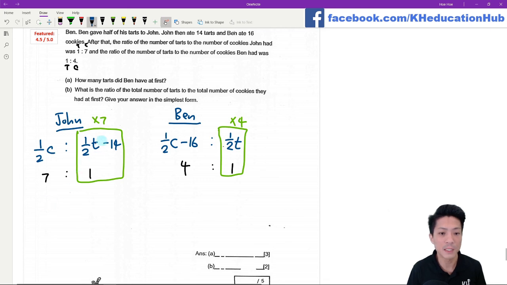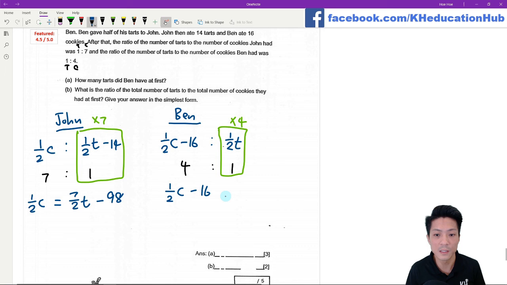After multiplying by 7, I can write down this equation where half of the cookie will be equal to 7 over 2 of the tarts, minus away 14 times 7, which is 98. As for Ben, half of the cookie minus 16 is equal to 2 of the tarts. Half times 4 will give me 2.